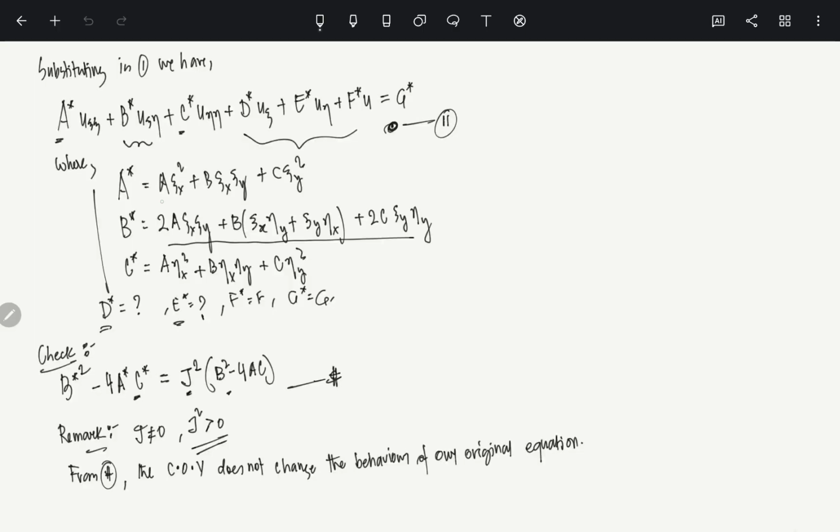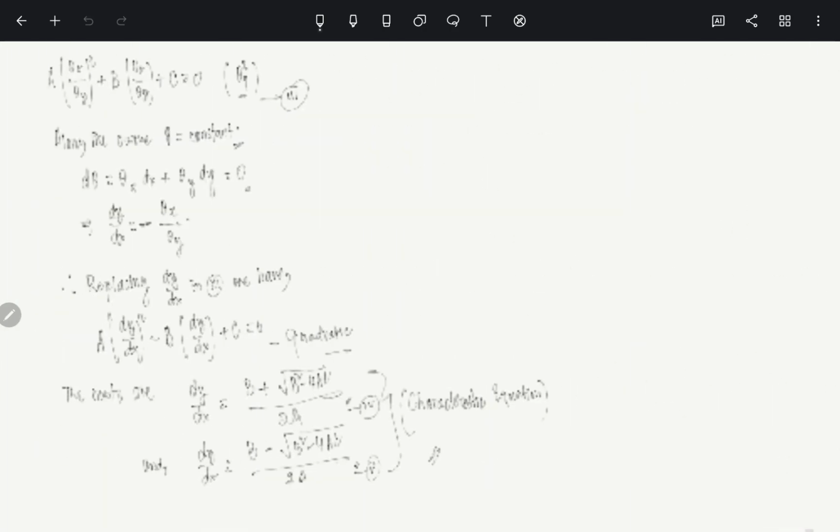See, a star is a xi x square plus b xi x xi y plus c xi y square. So essentially, I will tell you why a star is 0.